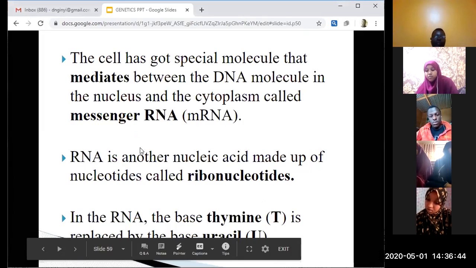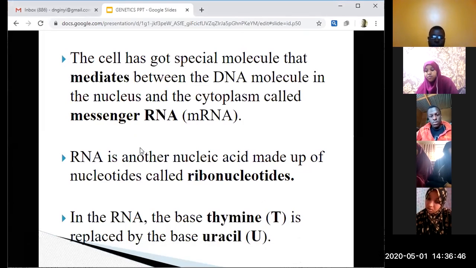So the cell has a special molecule that mediates between the DNA molecule and the ribosomes, what we call the messenger RNA. So messenger RNA, as I said, is another nucleic acid. And there are two very important things that we need to understand about it. One, RNA is a single strand.